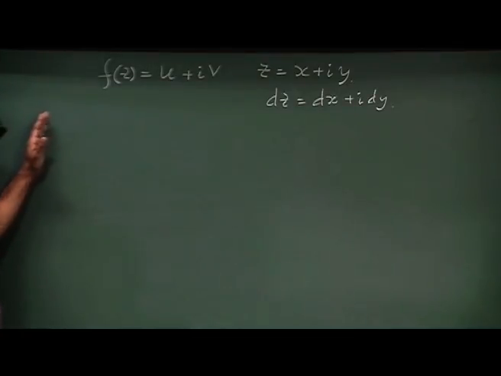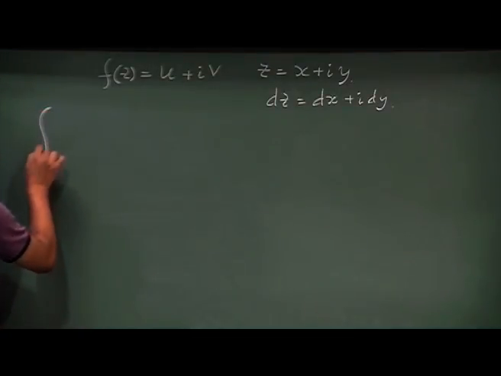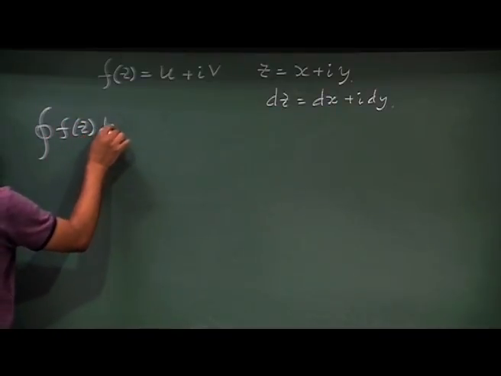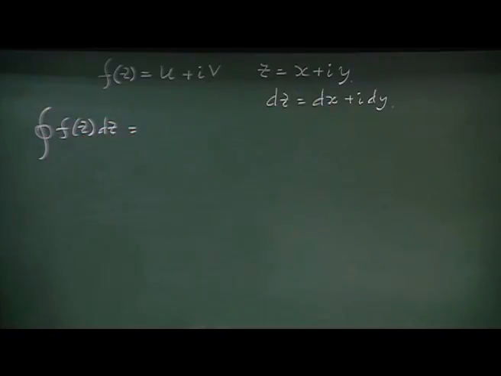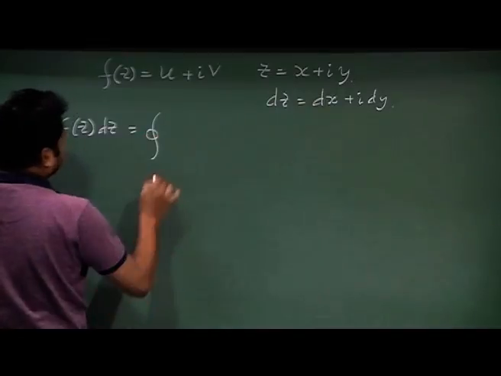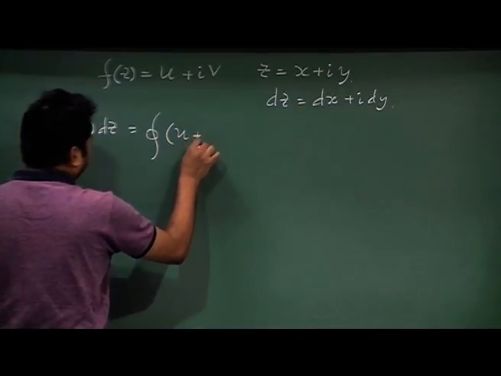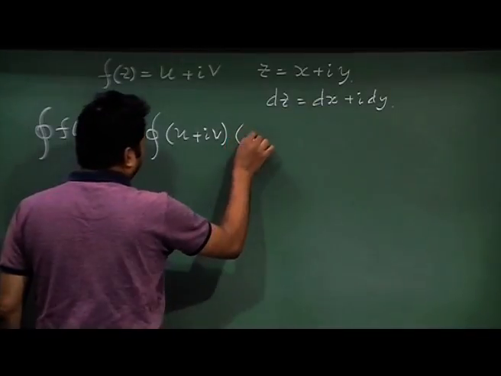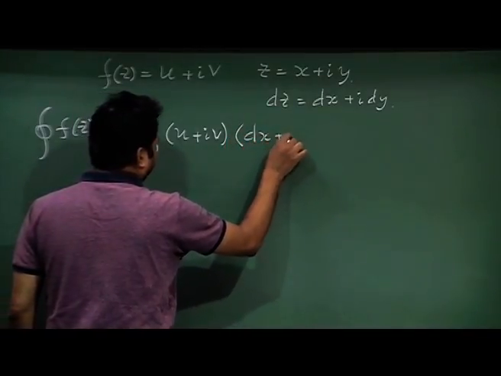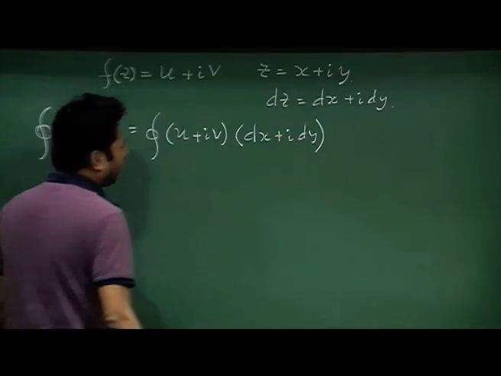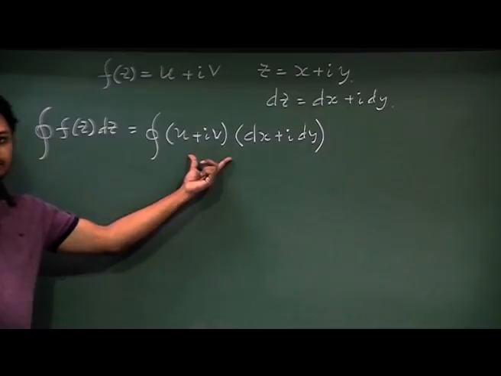Now, if I want to find the integration of f(z) dz, it will be something like the closed integral of u plus i v times dx plus i dy.